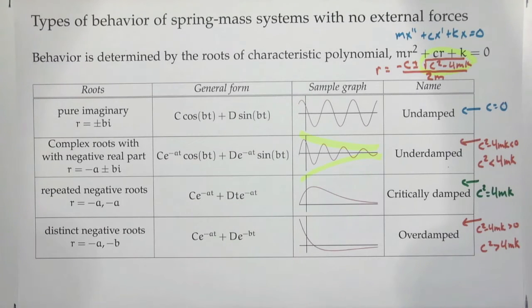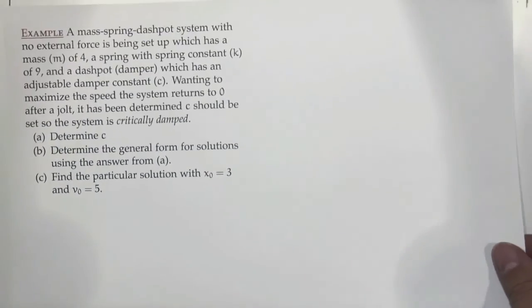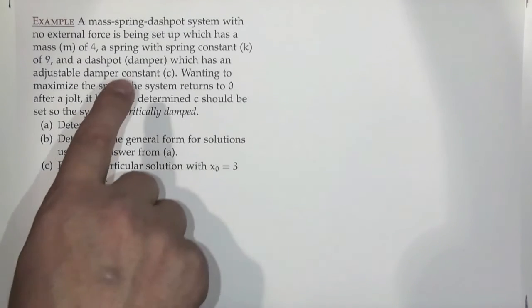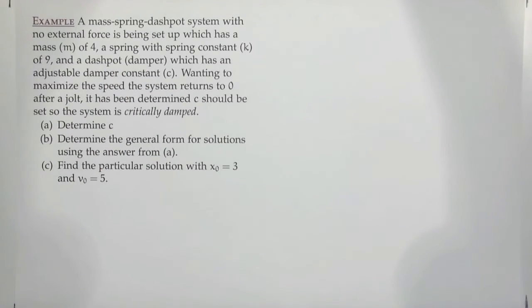All right, well, let's try another problem. A mass spring dashpot, just remember that's just another, fancy way to say damper, with no external force is being set up, which has a mass m of 4, a spring with spring constant k of 9, and a dashpot, damper, which has an adjustable damper constant. So it's fancy.